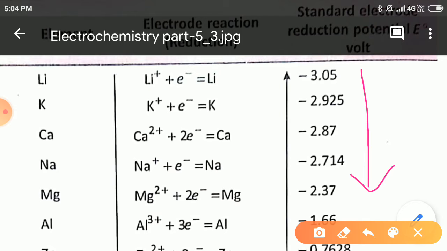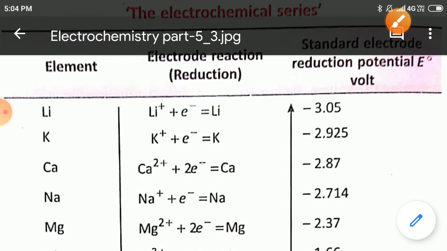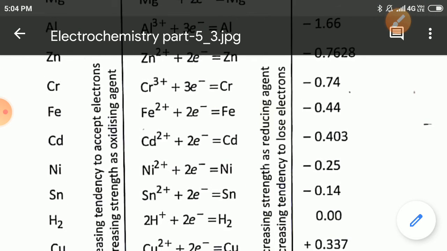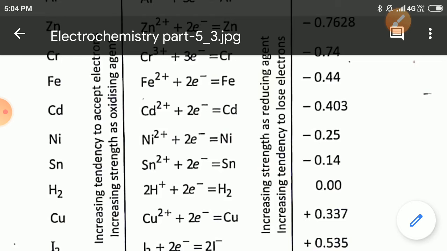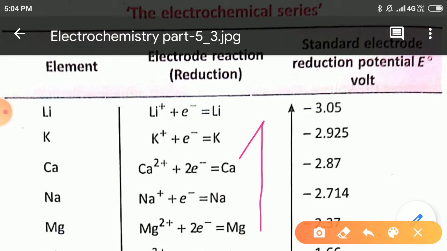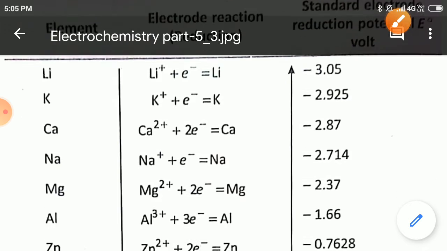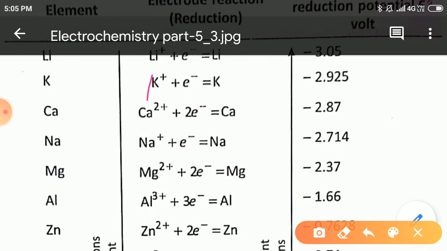It indicates that from top to bottom the reducing character of chemical species decreases. In other words, from bottom to top, the reducing character of chemical species increases. Meanwhile, if we take the oxidizing nature, then from top to bottom the tendency to gain electrons increases.